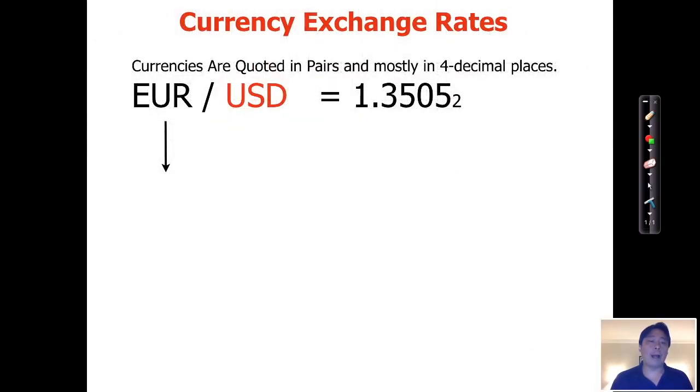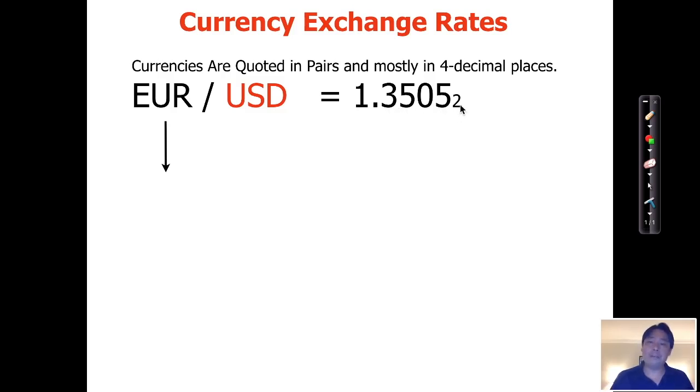So how do you read a currency quote? Again, currencies are quoted in pairs and mostly in 4 decimal places. So what you see here is Euro USD 1.35052. Now, we only pay attention to the 4 decimal places.